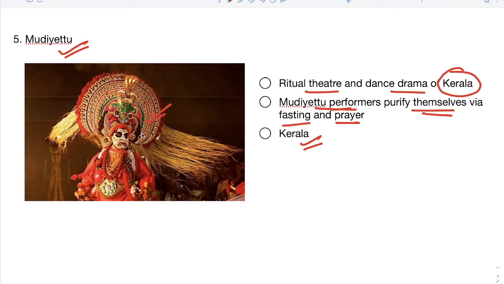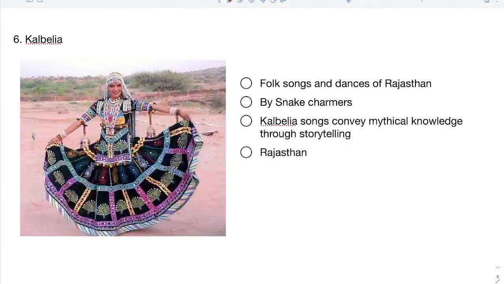If you observe the dance forms of Muriyattu or Kudiyattam, the makeup is very expensive, and they purify themselves through fasting and prayer. Next, it is purely a dance form of Kerala.